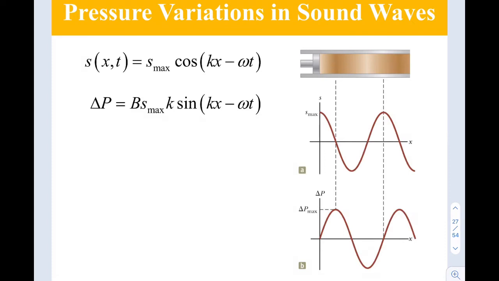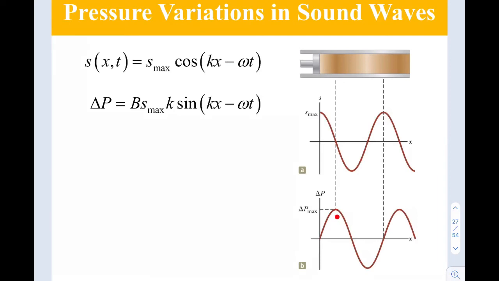Then delta p is B s max k sin(kx minus omega t). So why is it sin? If you see here, at x equivalent to 0, there is no pressure yet, so no delta p.